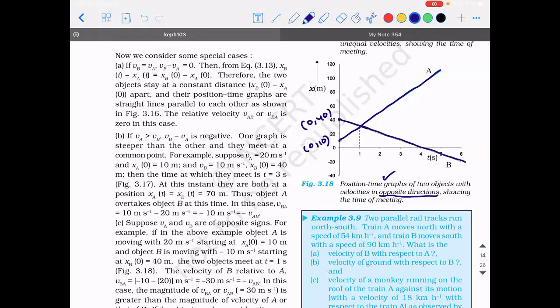Since they are moving in opposite directions, both are moving in an optimized way so that they are able to meet early. See, it's very simple. Suppose there is a ball here, and you are here, and let's say the distance is d. I say, go and take this ball and come.